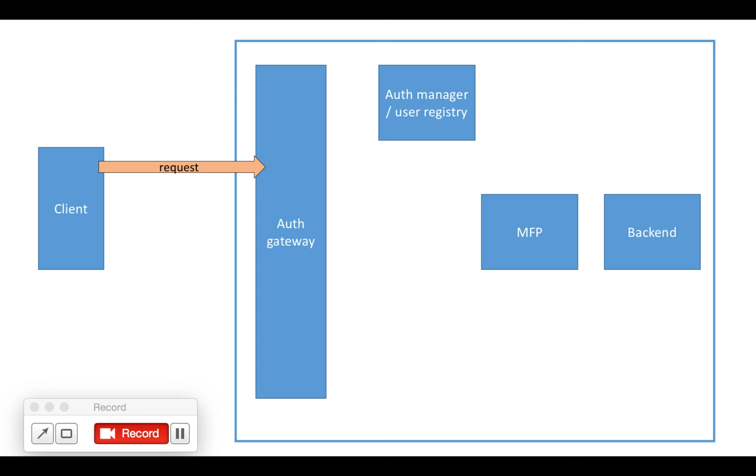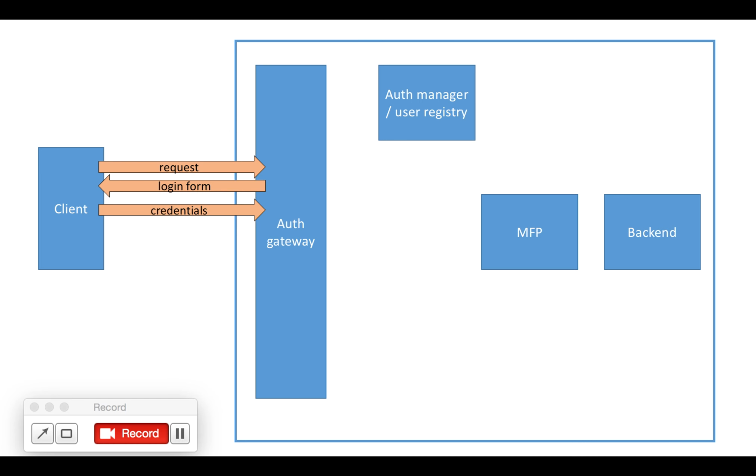The authentication gateway detects that this client is not authenticated yet, so it will not allow this request to proceed to the internal components of the enterprise. It will instead send a login form back to the client. The client, usually using a challenge handler, knows how to detect this login form. The client will collect credentials and send them to the authentication gateway, right?